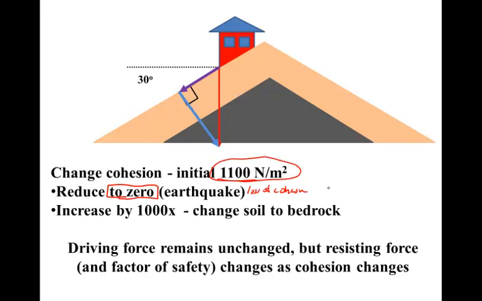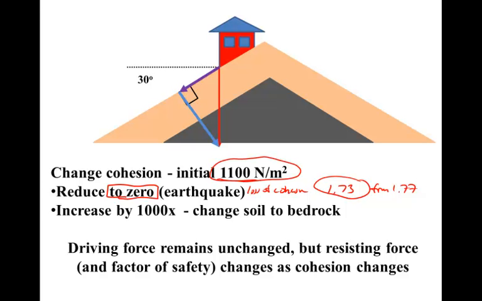Our factor of safety, if cohesion goes to 0, is 1.73, which is a reduction from the 1.77 we calculated earlier. So letting cohesion drop to 0 affects the slope stability, makes it more likely to fail, but not by much. The slope is not particularly sensitive to a loss of cohesion.